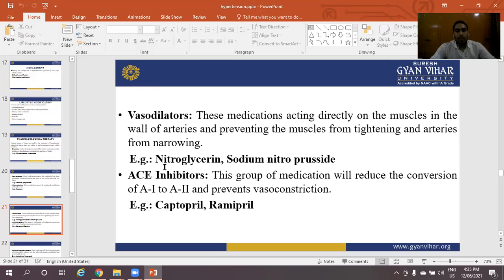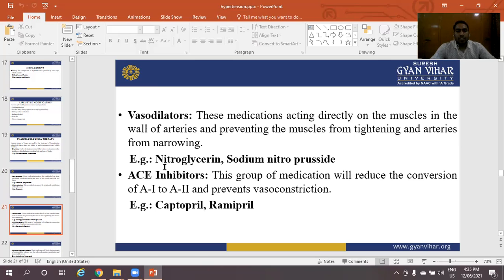ACE inhibitors, angiotensin converting enzyme inhibitors. This group of medications reduces the conversion of angiotensin I to angiotensin II and prevents vasoconstriction. The enzyme responsible for converting angiotensin I to II is the ACE enzyme, angiotensin converting enzyme.